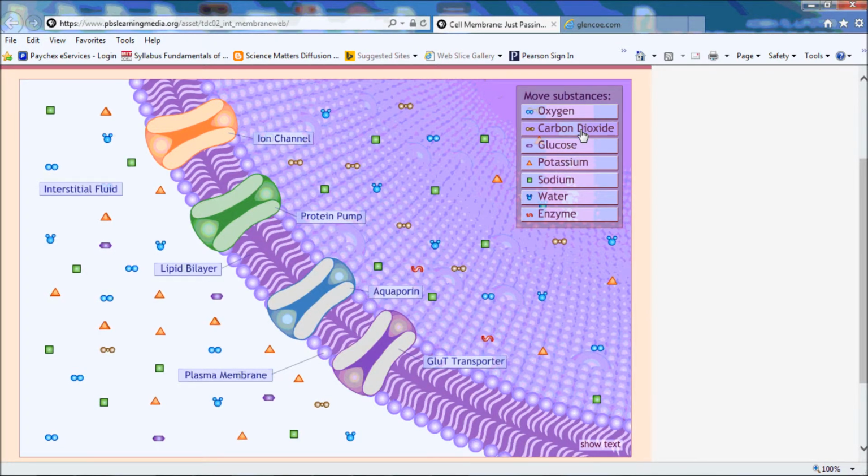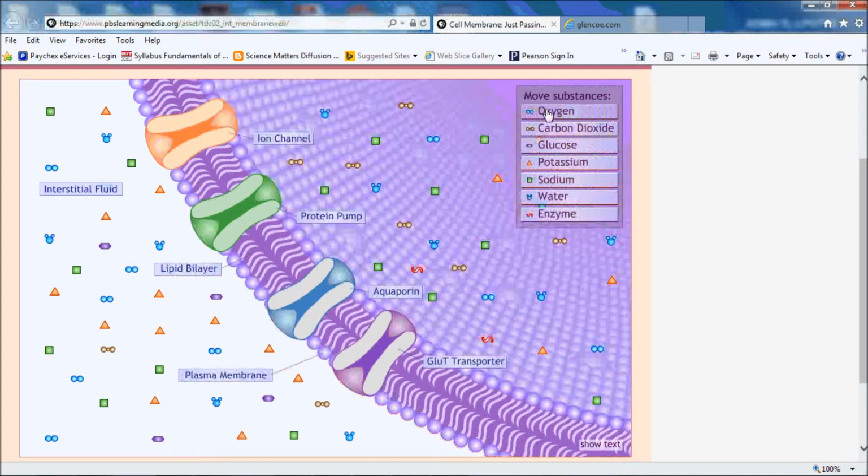Now, instead of saying crowded to less crowded, I like to use the terms high concentration to low concentration, or a highly concentrated area to an area of low concentration. So just to look back at it, crowded means high, less crowded means low.